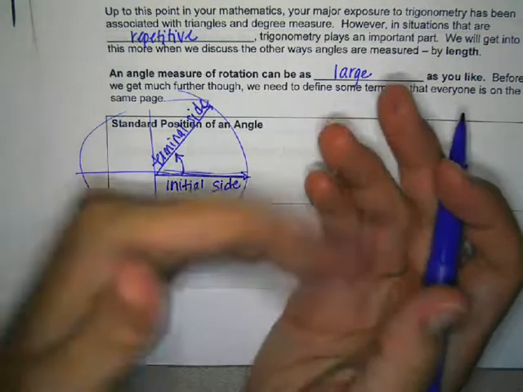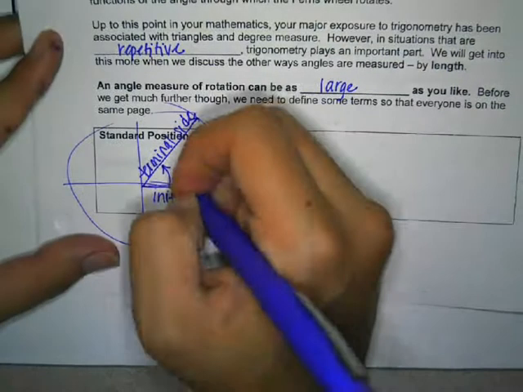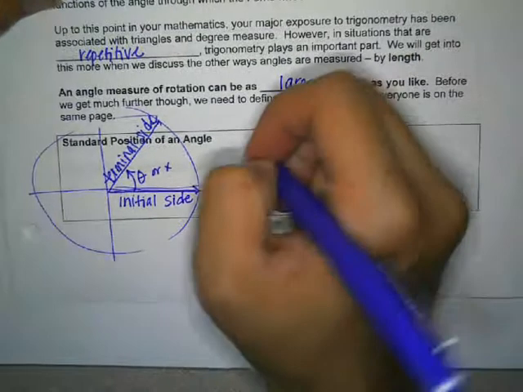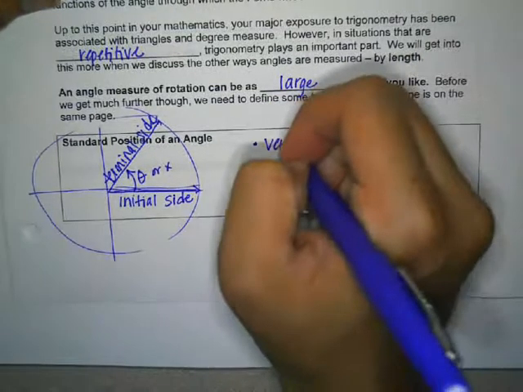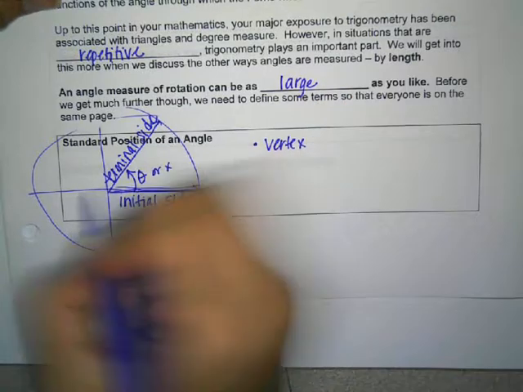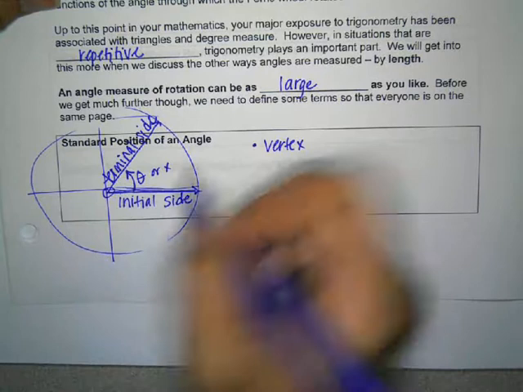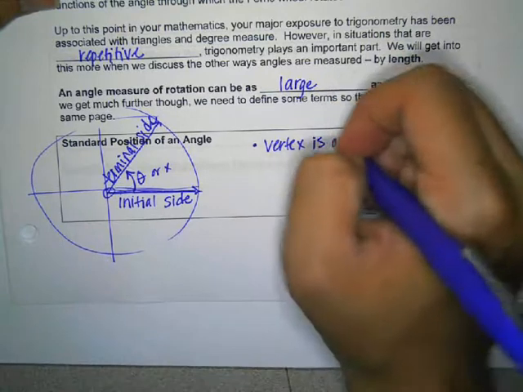We usually label the angle with some variable, like theta or x. Standard position means that the vertex of the angle, which is the point where the two sides connect, is at the origin.